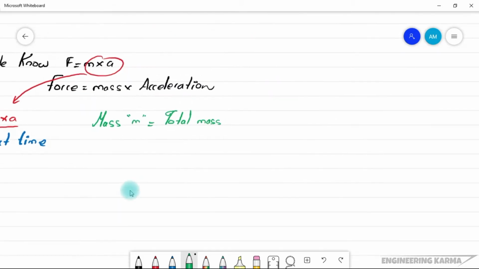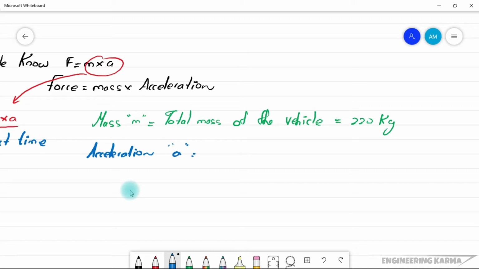The total mass of the vehicle is 220 kilograms, as I calculated roughly. I don't know the acceleration of the vehicle, so I am dividing velocity by time.